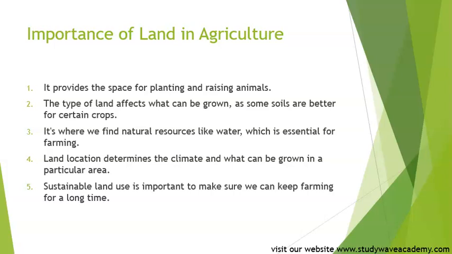We also talked about the factors of production. We mentioned land, labor, capital, and entrepreneurship. Then we have talked about the importance of land in agriculture. So we understood today's lesson on factors of agricultural production, right?